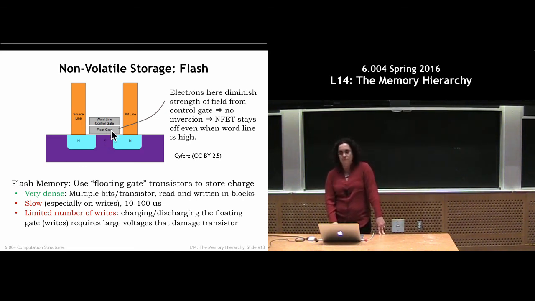That actually has two effects. Number one is that it makes writing pretty slow. And in addition, it has a second negative effect, which is that over time, these flash memory cells actually get ruined. The reason is that you're putting so much voltage in that over time you start to ruin the insulator around the floating gate, so that after some period of time, it's no longer able to retain that value.